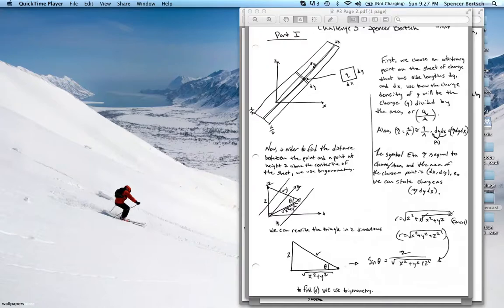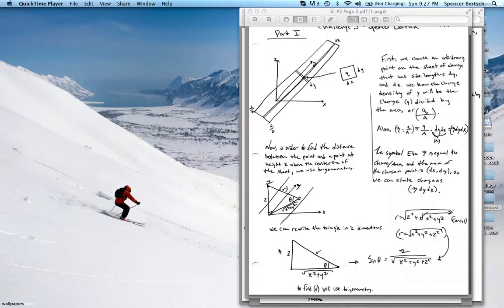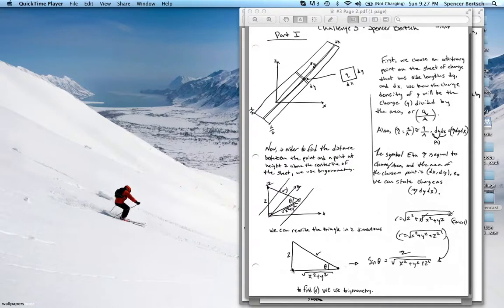I think it's easier if we rewrite this triangle in 2 dimensions so you can view it more clearly. We have Z here, and r here, which is what we're trying to find. The other side is the square root of x squared plus y squared, and we don't have those values, so we keep it in the form x squared plus y squared.